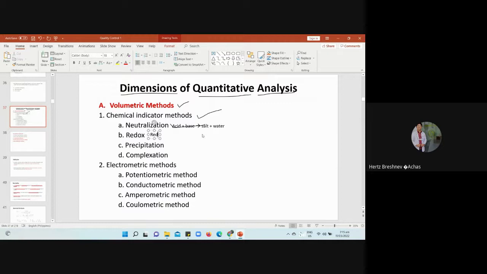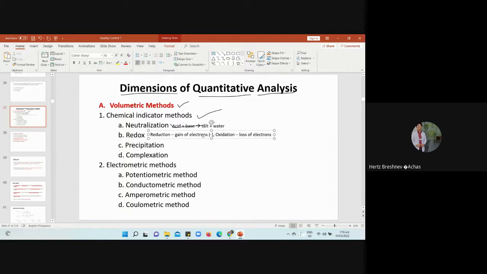Reduction simply means gain of electrons. And what is the charge of electrons? It is negative, no? And oxidation simply means there is a loss of electrons.